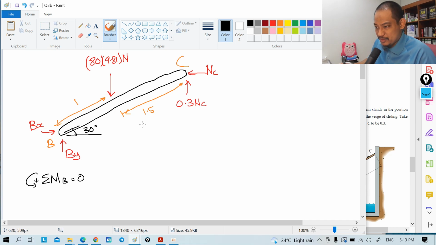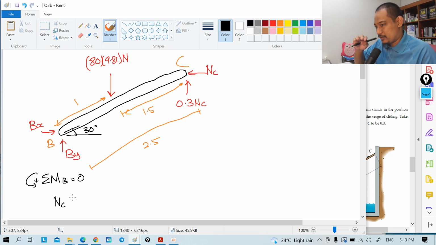In terms of the distance, let's start with NC. So NC is counterclockwise, and the distance is, because the whole distance between this and this is 2.5, right? And the angle is 30 degrees, so we want the vertical distance, so times 2.5 sine 30 degrees.